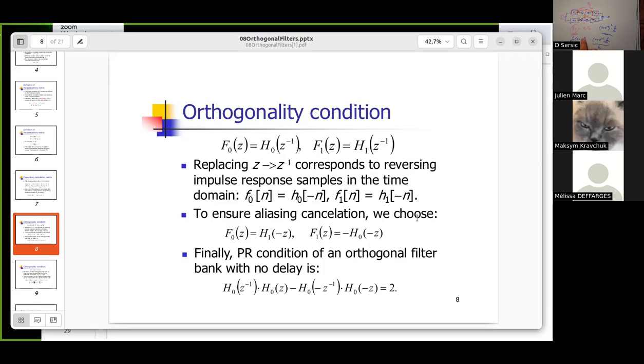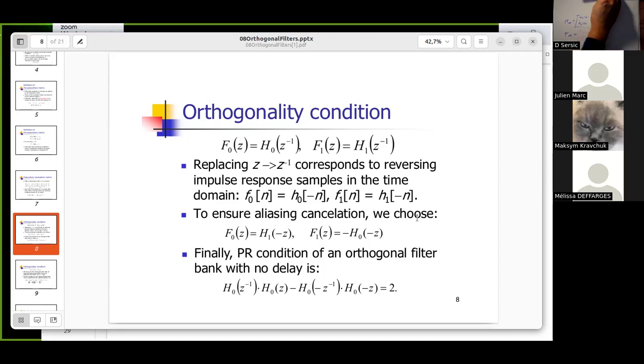If I just replace Z with Z to the power of minus 1, the result will be 1 plus Z. These two guys go to the right, 1 plus Z, the same two guys go to the left. So it's mirrored around the axis. Samples are mirrored.